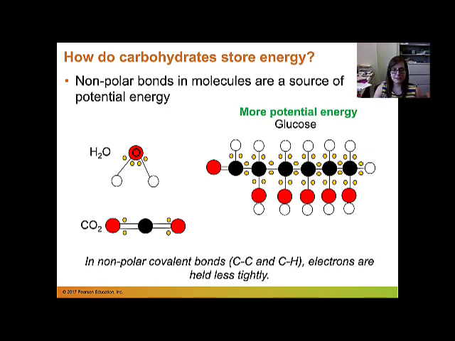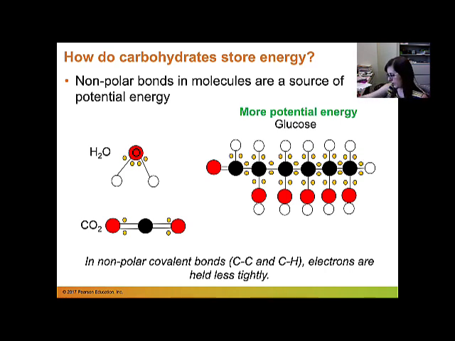Glucose, right, has a lot of carbon-hydrogen bonds, okay? And carbon-carbon bonds. In carbon-carbon bonds, the electrons are shared evenly, and in carbon-hydrogen bonds, the electrons are shared evenly. And so these bonds are easier to break. These bonds can come apart pretty easily, and then if you make polar covalent bonds instead, that potential energy in those bonds is released, to form the more stable bonds.